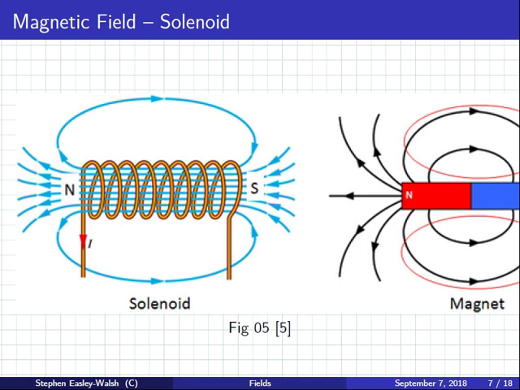The reason this is good is because you can turn the current on and off. So for example, if here's the car, you bring this over, bring it down, and turn the current on, and it pulls it up. And then when you want to drop it, you just turn the current off, and it falls. So this is a very useful magnet, because you can turn it on and off.